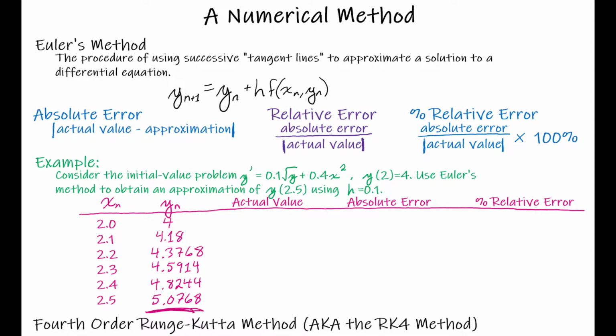We'll be talking about the fourth order Runge-Kutta method, which is shortened to the RK4 method, in the future. That method is one of the more accurate options that is used more frequently. So you have that to look forward to as we move forward through this differential equations material.